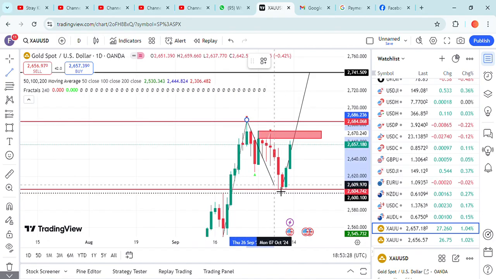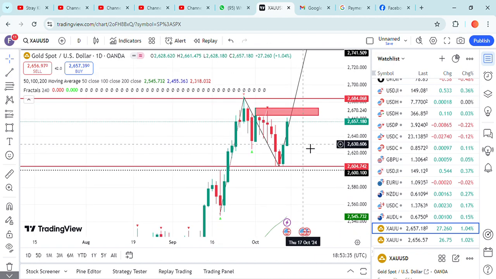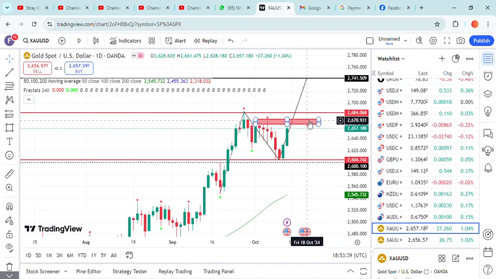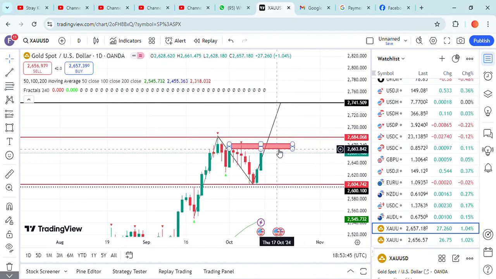a bit difficult, right? I cannot say anything about it at this particular stage, but obviously if you see this particular zone right here, there is a Fibonacci broken, there is a resistance up there, as well as a supply level. So let's see, it is standing as a bearish point, but let's see how it goes, because with these particular candles I cannot decide anything.